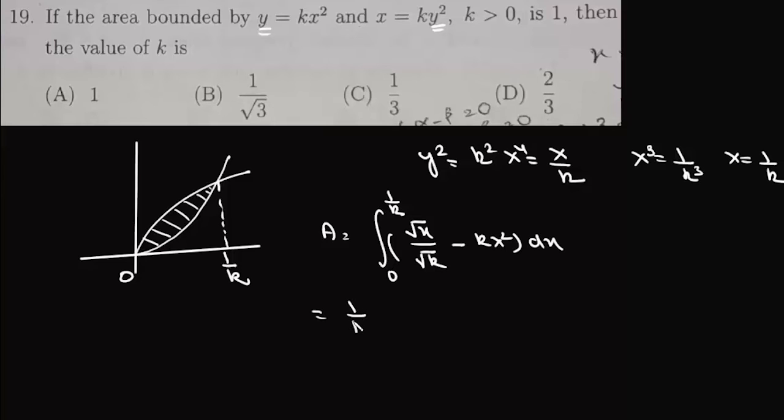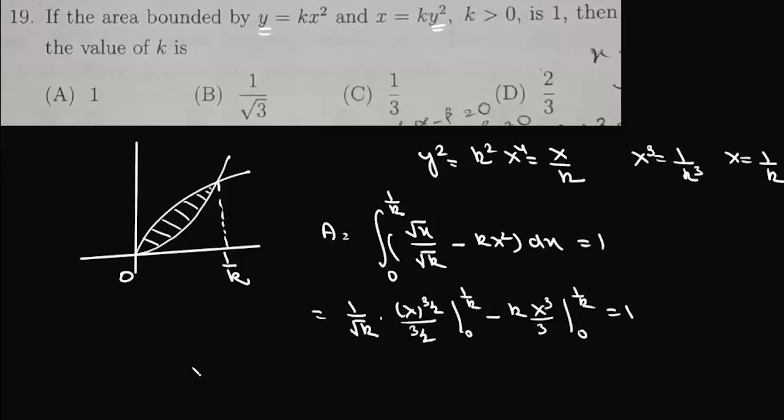Now this is 1 upon under root k, and here will be x to the power 3 by 2 upon 3 by 2 from 0 to 1 by k, and minus k times x cube upon 3 from 0 to 1 by k, and this area is given as 1, so it will be 1. Now if you put x as 1 by k, we get 2 by 3 k square minus 1 by 3 k square equals 1, or k square equals 1 by 3. That is, the value of k is 1 by root 3, and that's your option B.